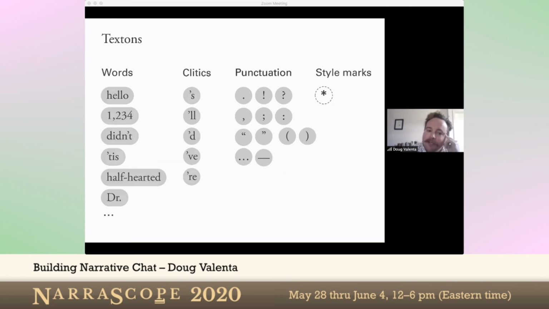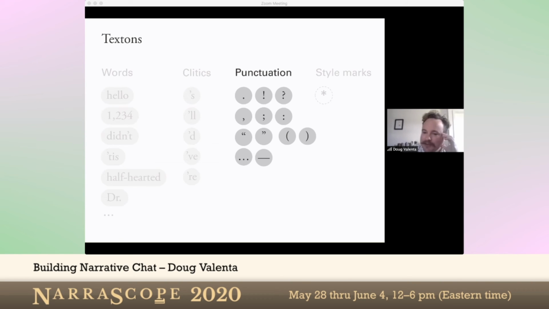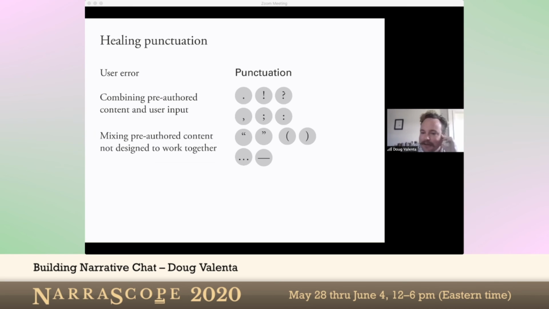So when we talk about punctuation, we're talking about these punctuation characters. And notice I don't have every punctuation character here. My goal is to represent prose and represent parts of stories. I'm not worrying about things that are weird. I'm making a best effort, right? So why do we need to heal this punctuation? There are a few reasons. First of all, players make typos and we want to make them look good.